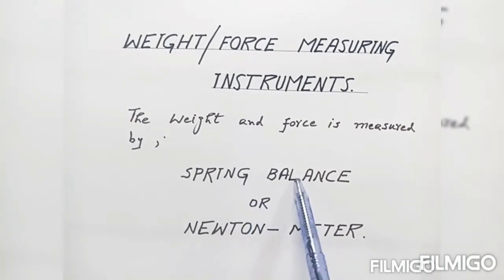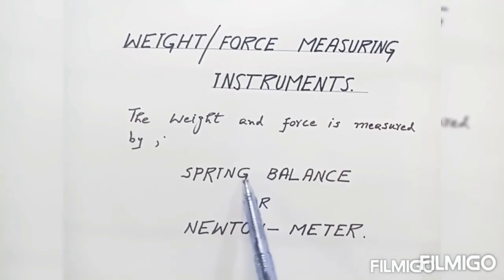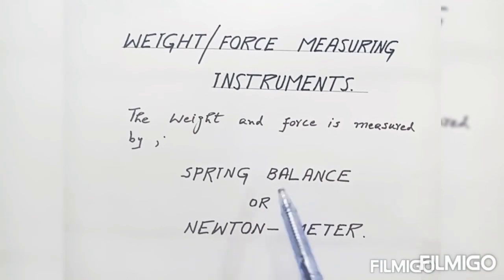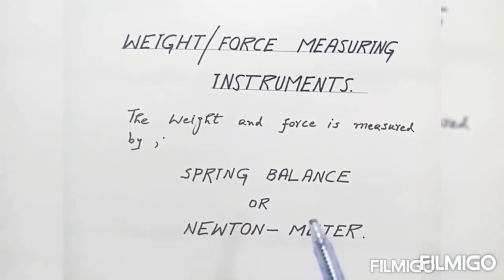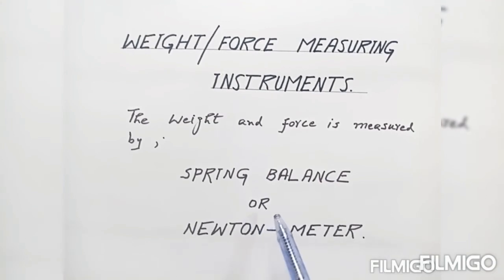Spring balance and the Newton meter are the same thing. These are two names of the same thing. Sometimes we say spring balance, sometimes the Newton meter. It is used to measure weight and force. These are the weight measuring or force measuring instruments, which I can show you.